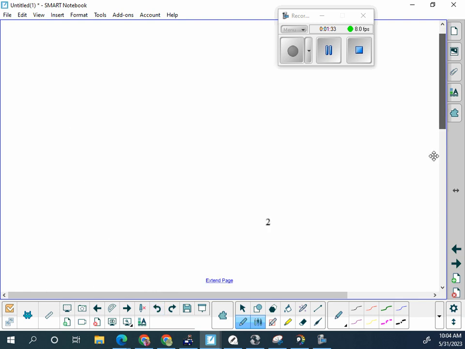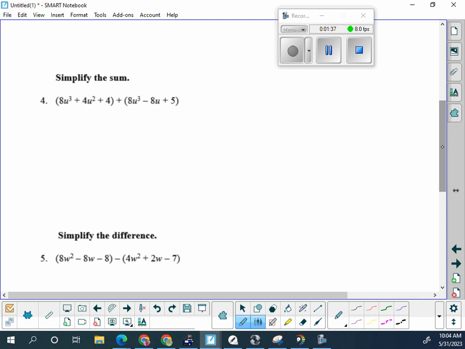Next question here, it says to add the values. Okay, a couple ways to do it. Well, let's just do it one way. 8u cubed and 8u cubed is 16u cubed. Next up, 4u squared, and there's no 4u squared over here, so I put 4u squared here.